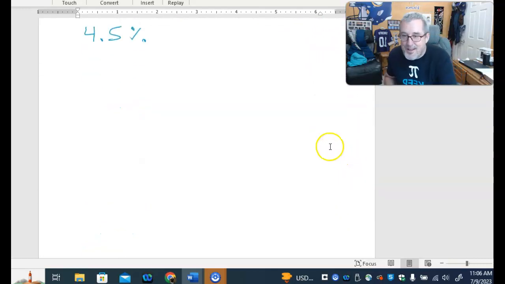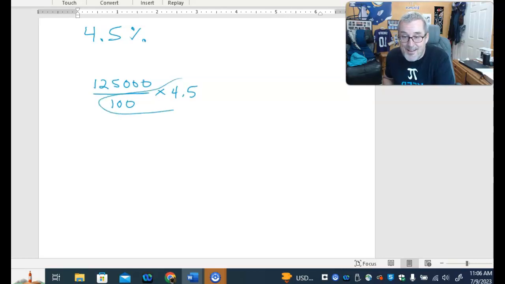But watch this. See if you can see the moving the decimal thing. We took $125,000 and first divided it by 100 to see how much was in each square. And then we multiplied by 4.5 squares. But can you see it? It's the same thing as taking 4.5 dividing by 100 and then multiplying by the 125,000.